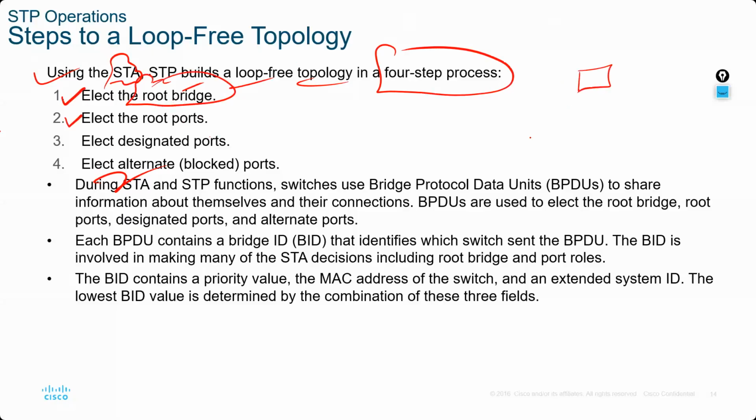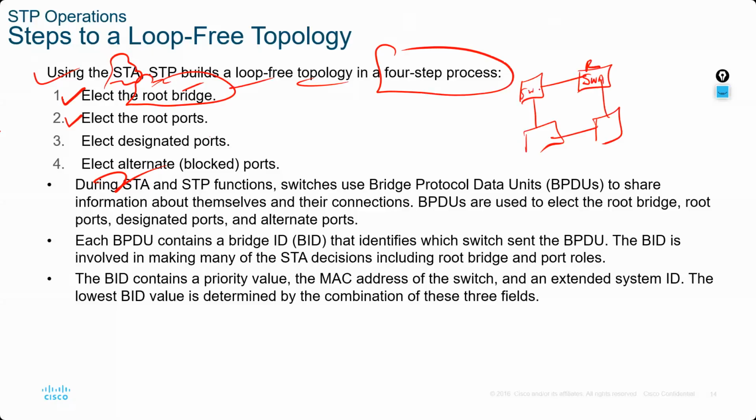Let's assume we have, let me make it four switches. Watch out, I need your attention now. Let's call this one switch A, and this guy has won the election, is the root.